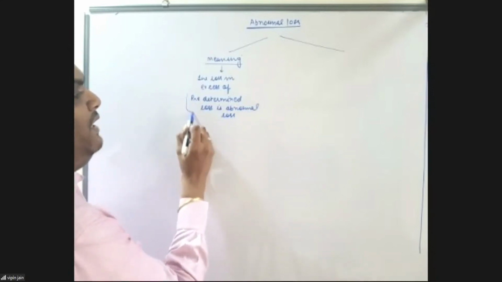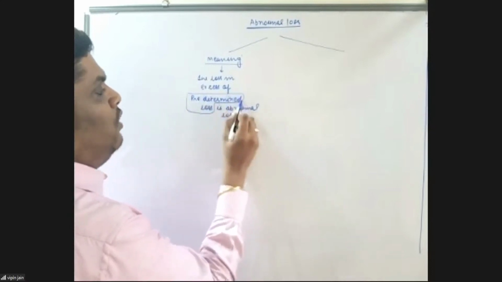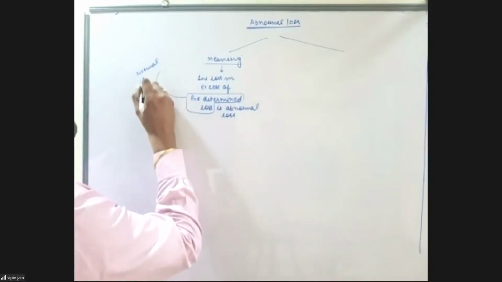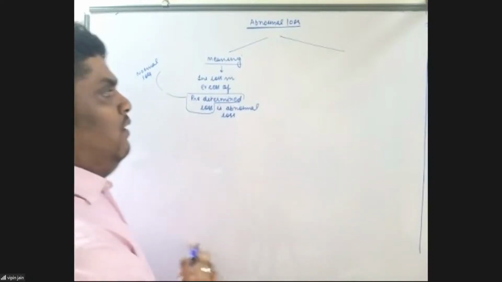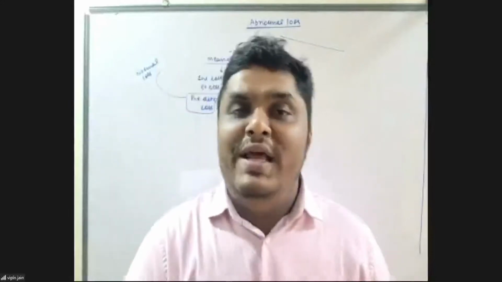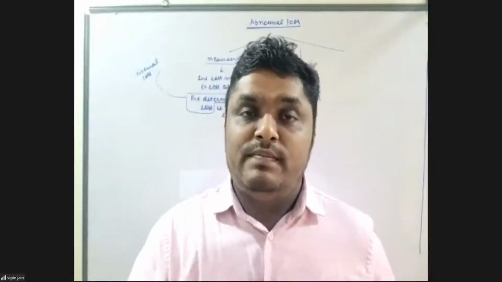When talking about predetermined loss, we can call it as normal loss also. The loss in excess of normal loss is what we call as abnormal loss.